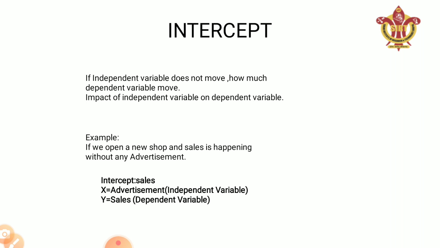So intercept indicates the impact of the independent variable on the dependent variable, or the case where the independent variable is not doing its job, yet the dependent variable is still doing its job. Though the dependent variable depends on the independent variable, it is still doing its job. I hope it is clear what exactly intercept indicates.